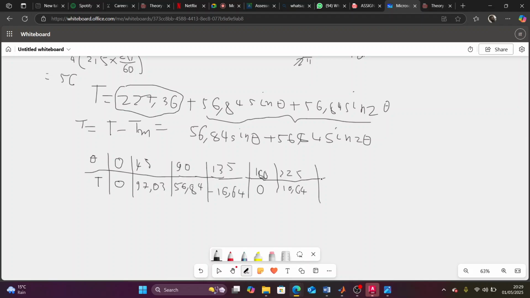I think after 225, it is 270. 270 should give us negative 56,84. And then we have 315. It has to give us negative 97.